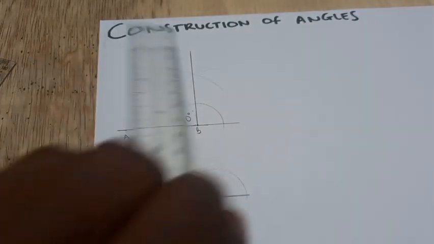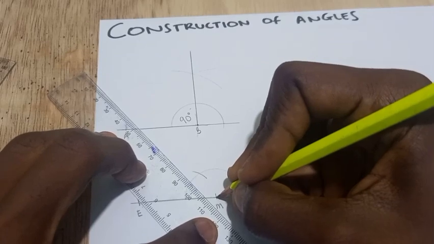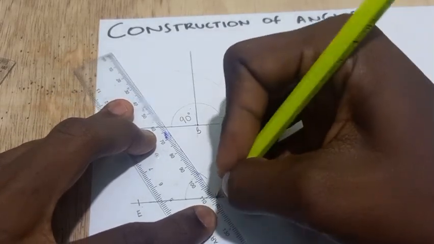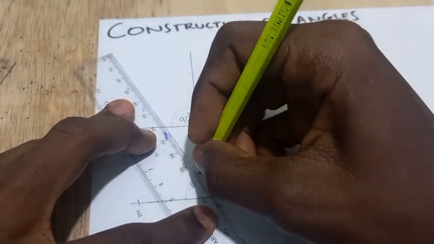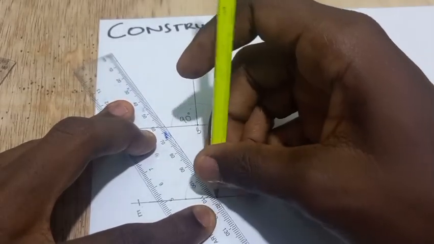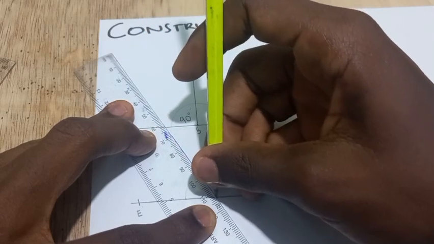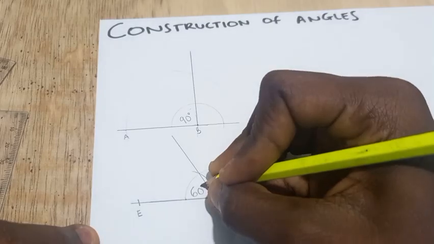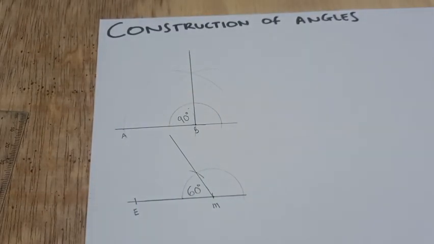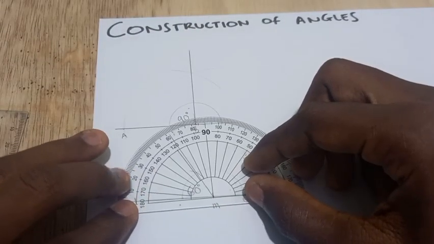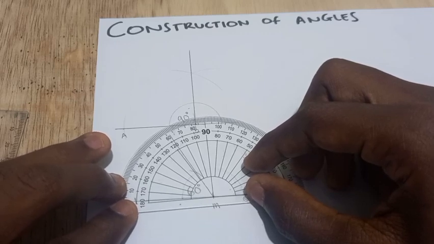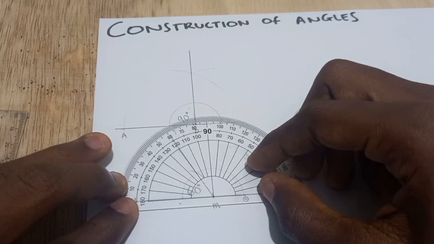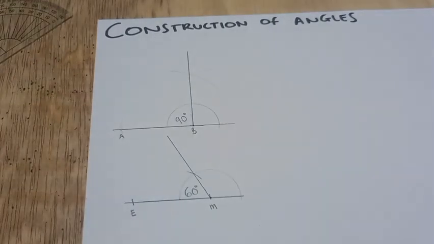You pick your ruler and your pencil from the point M to the arced point. Make sure they are intersecting. So this angle is angle 60. Let's measure and confirm that it's 60 degrees.